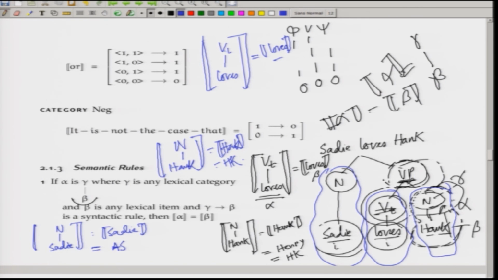So, this rule covers just these 3 cases, that is n goes to Sadie, Vt goes to loves, and n goes to Hank. Other branches are not covered by this.